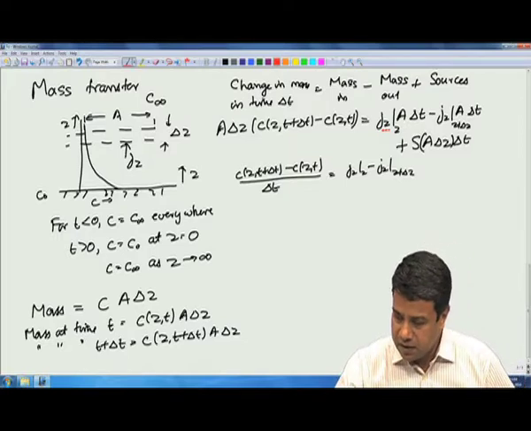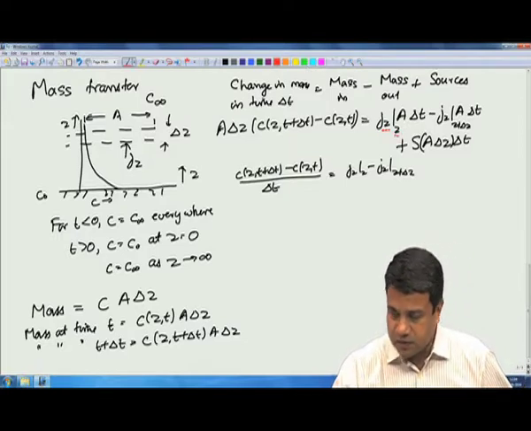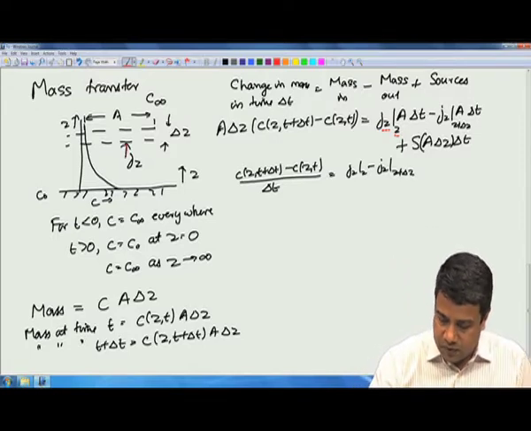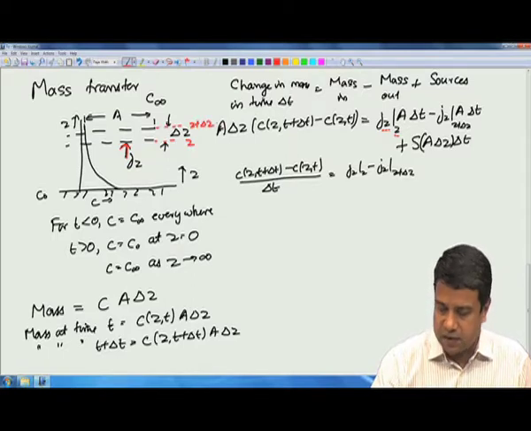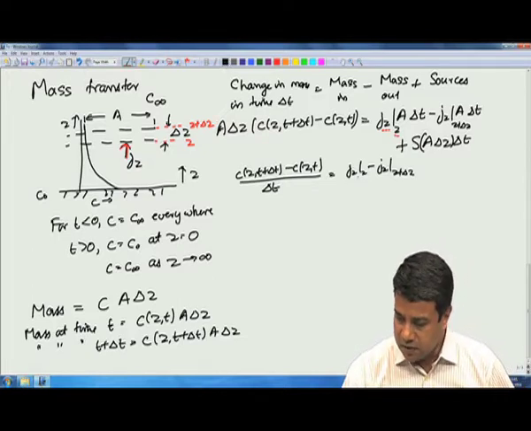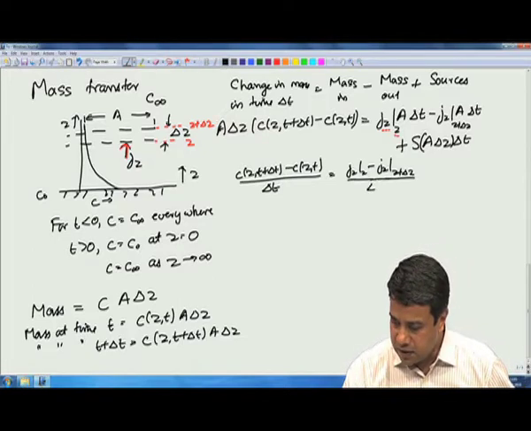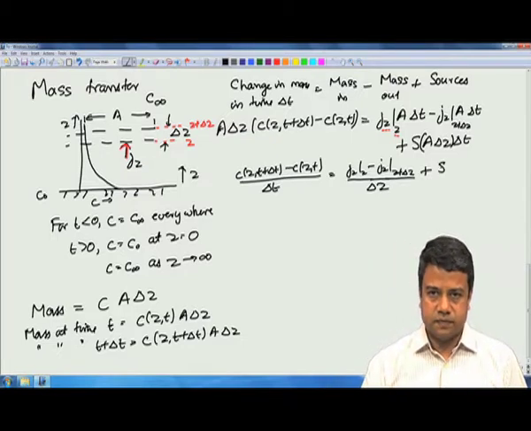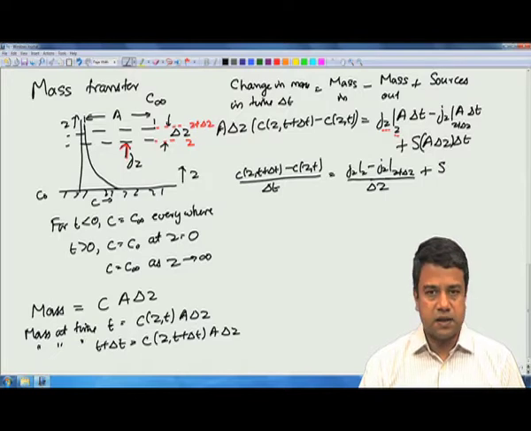The second one denotes the location at which we are taking the flux. So, for the input, we are taking the flux at the location z. For the output, we are taking the flux at the location z plus delta z. So, this has now got to be divided by delta z, and you just get the source over here. So, that is the balance equation.